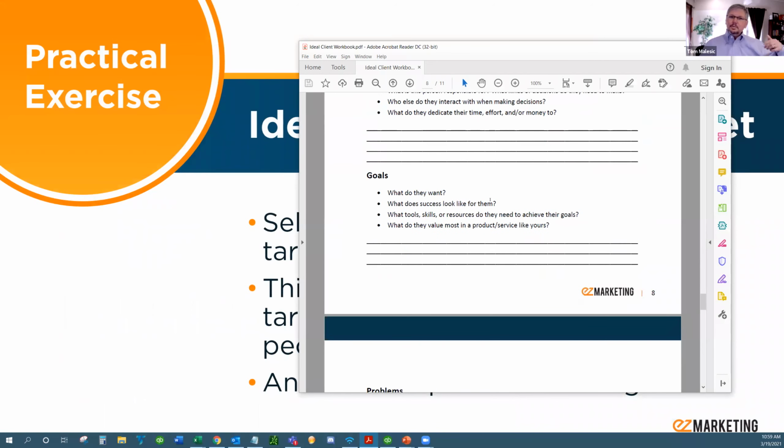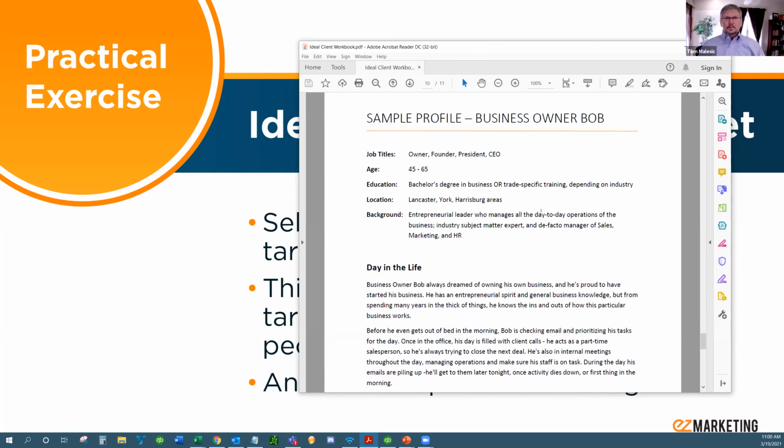I love the what keeps them up at night, right? What's the stuff that really gets under their skin and bothers them? What kind of questions or objections do they have, right? So fill that out.